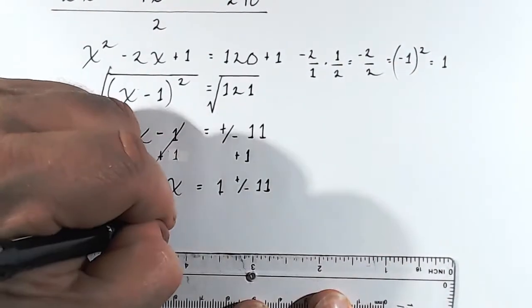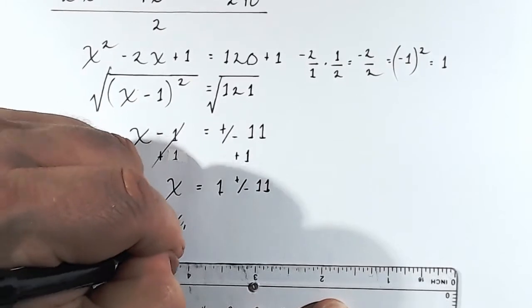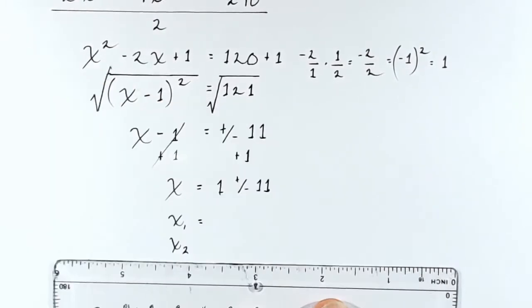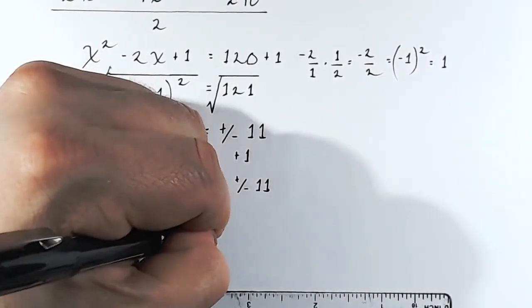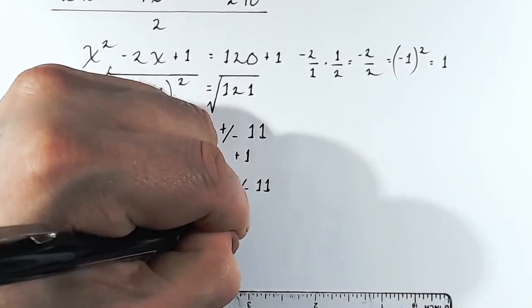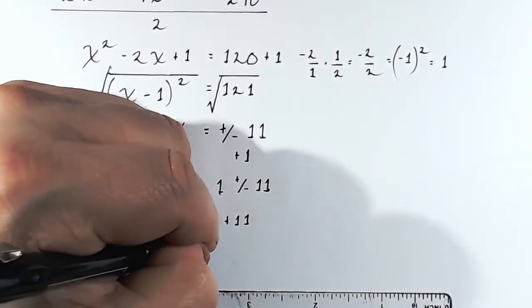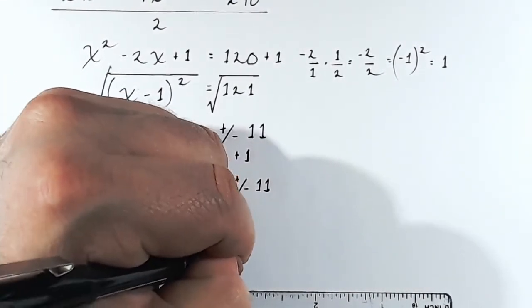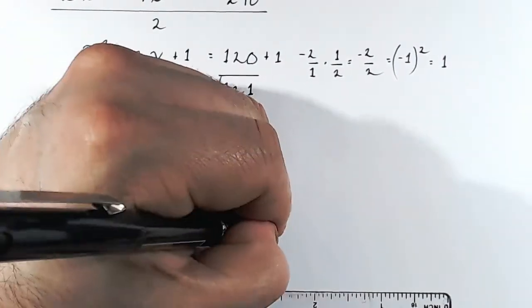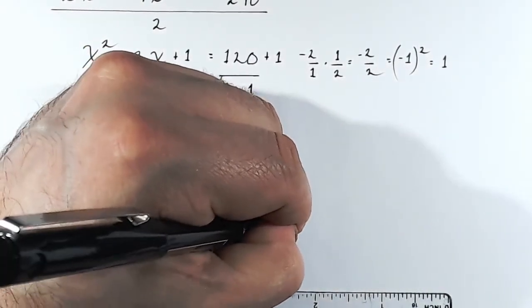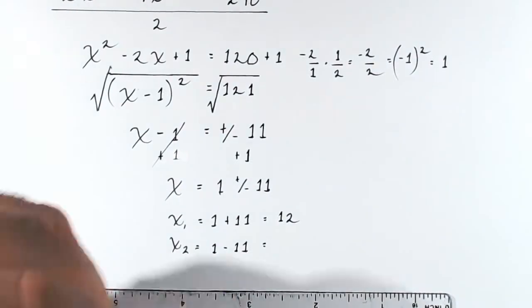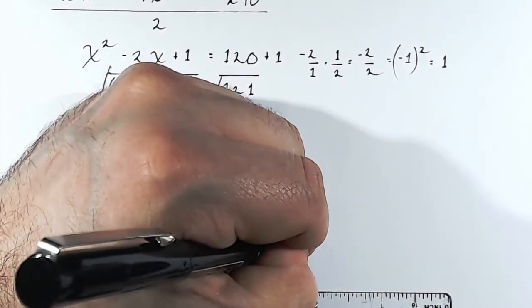So we have two x solutions. The first x solution is 1 plus 11, and the second x solution is 1 minus 11. 1 plus 11 is 12. 1 minus 11 is negative 10.